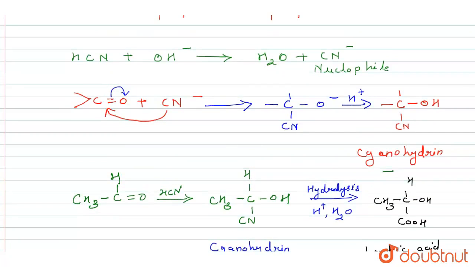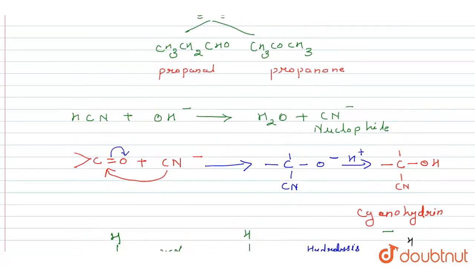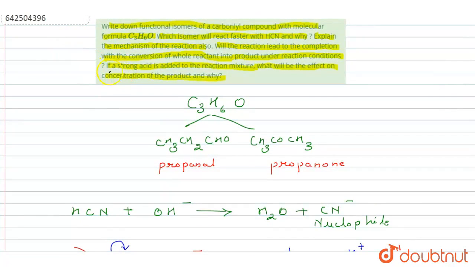Now the third part is also given to us. If a strong acid is added to the reaction mixture, what will be the effect on the concentration of the product and why?